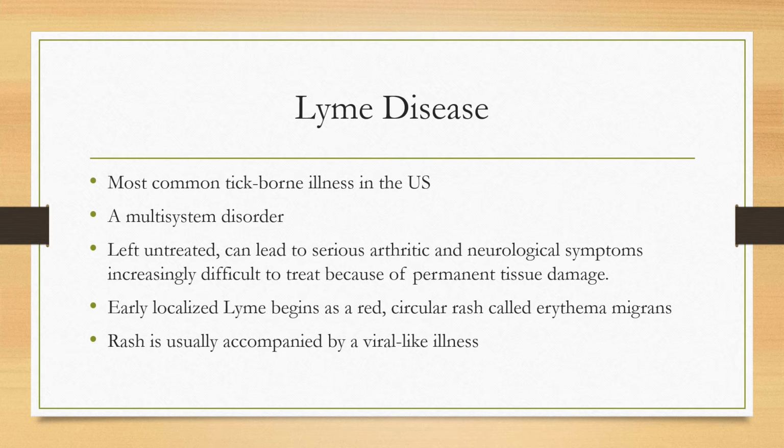That's erythema migrans, is what it's called. And that rash is usually accompanied by a viral type illness, so it can be hard to figure out. And unfortunately, if it's untreated, it can lead to serious arthritic and neurologic symptoms. And it gets harder to treat the longer it takes us to figure it out.